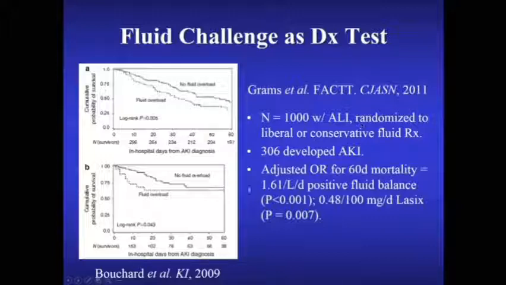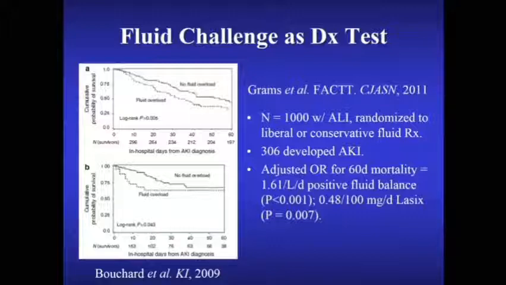And then a different study, which comes to the same conclusion, is a randomized trial of patients that had acute lung injury who were admitted to the ICU. There were 1,000 patients, but 306 of them developed acute kidney injury according to the criteria that these investigators established. The purpose of this study was to randomize patients to either aggressive fluid management or conservative fluid management, guided by CVPs and wedge pressures.